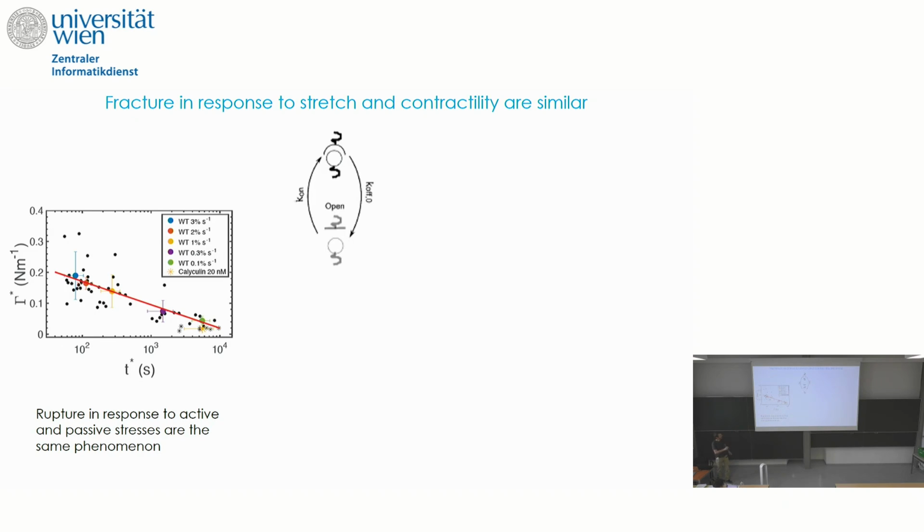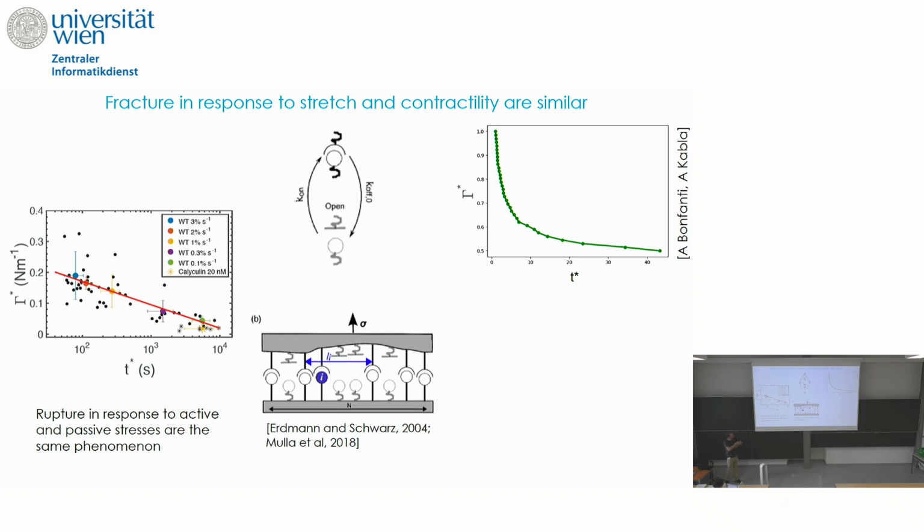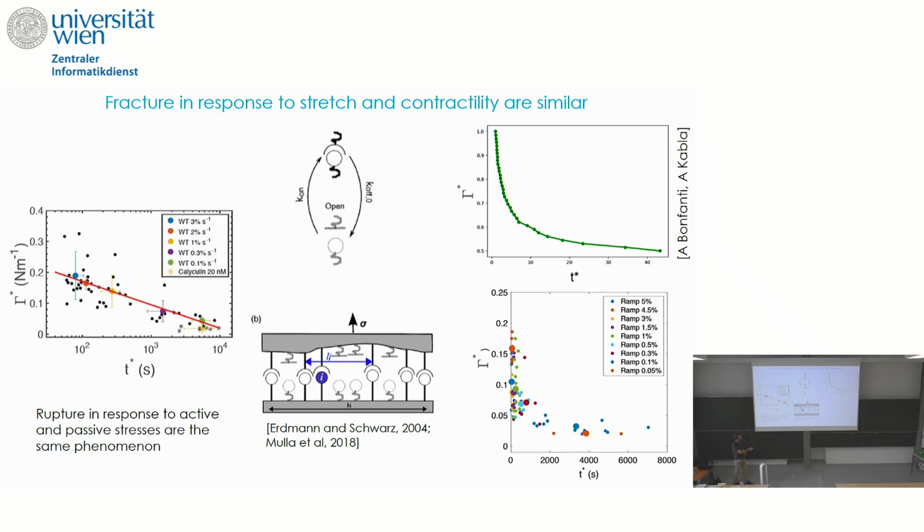Okay, so essentially this relationship reminded us of what we know about bonds. So if you've got a bond between a ligand and a receptor, if you subject that to high force, it will have a short lifetime, and if you subject it to low force, it will have a longer lifetime. And for collections of bonds that link rigid plates, you have an exponential relationship between the rupture force and the rupture time, which looks very much like what we observe experimentally for monolayers.